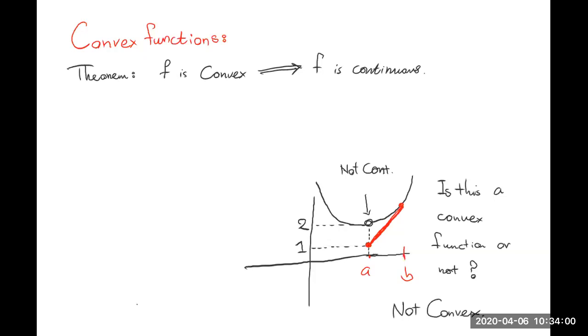Think about that for a few minutes. What I'm saying is that this is kind of general. Whenever we have a point of discontinuity, just like this one, we can use that point to show the function is not convex.